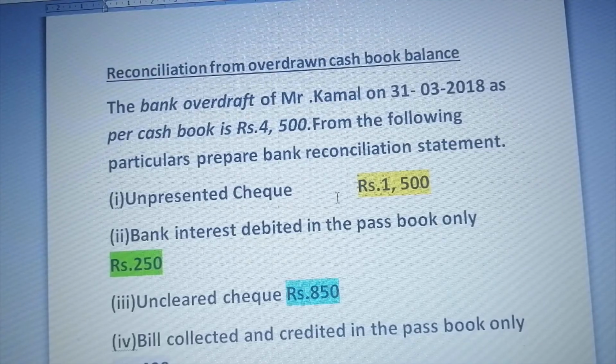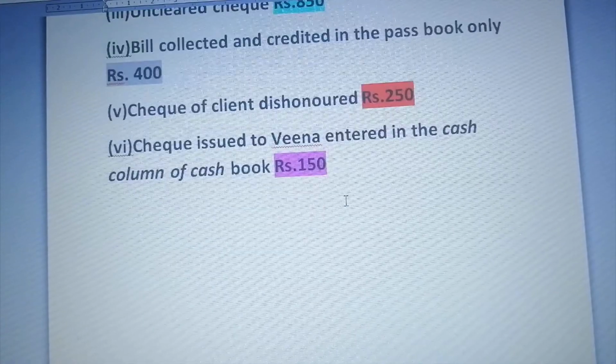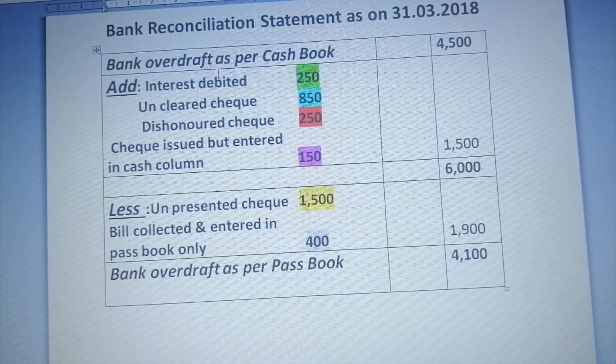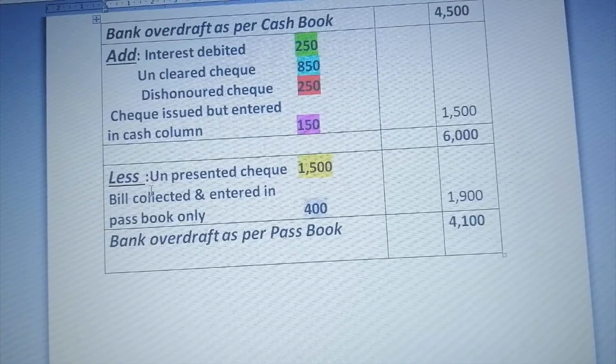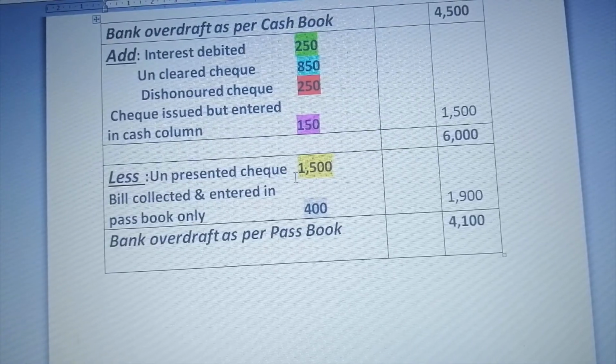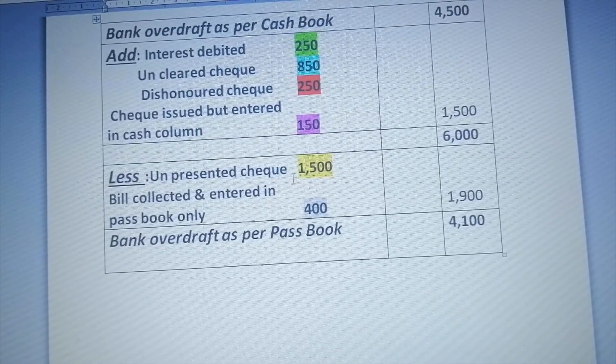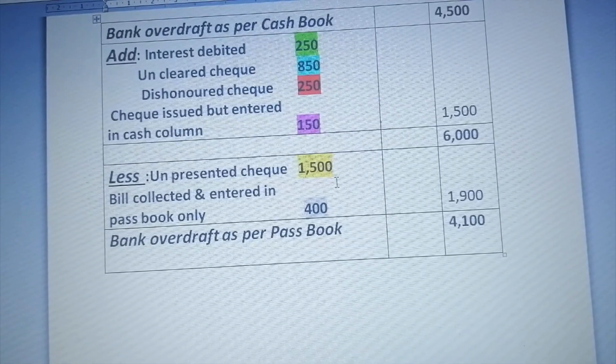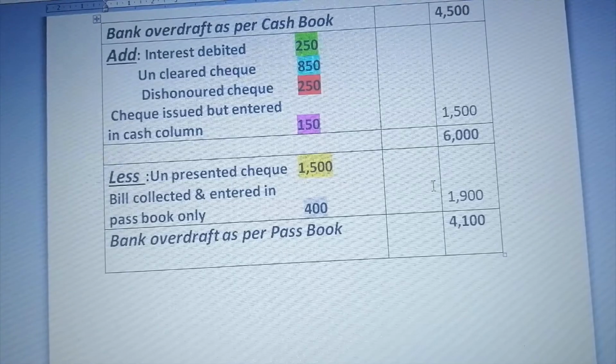See here, bank overdraft as per cash book 4,500. Few items are added. See this one. Unpresented check 1,500. This is the transaction that leads to increase the balance of passbook. That's why it's being deducted. Clear?